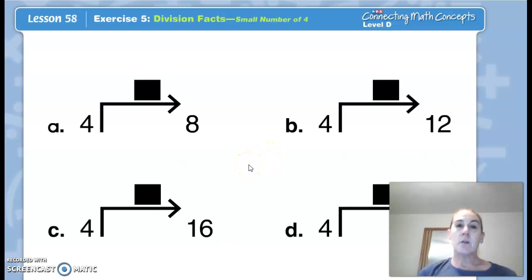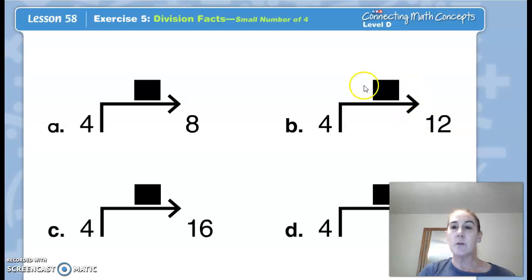Okay, here are some division facts with the small number of 4. Okay, so 8 is a big number, and we would read it like this. 8 divided by 4 equals, and then you would write the answer. So what's 8 divided by 4? 2. 12 divided by 4 equals 3.